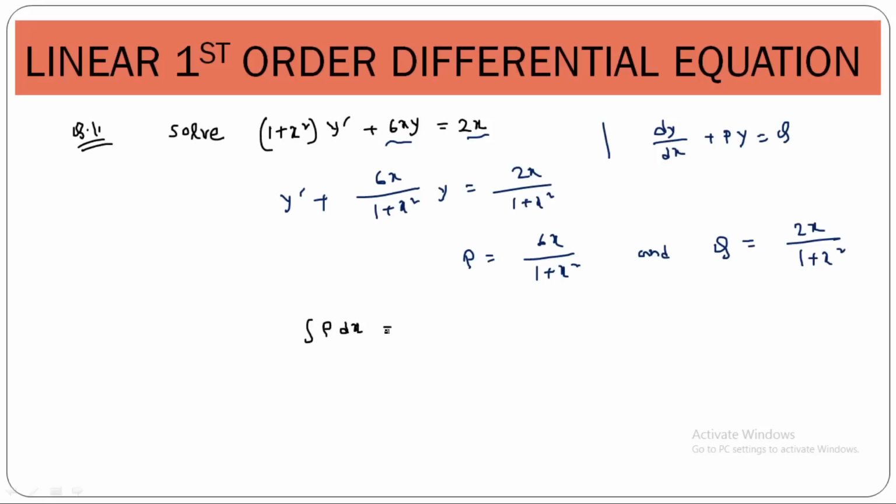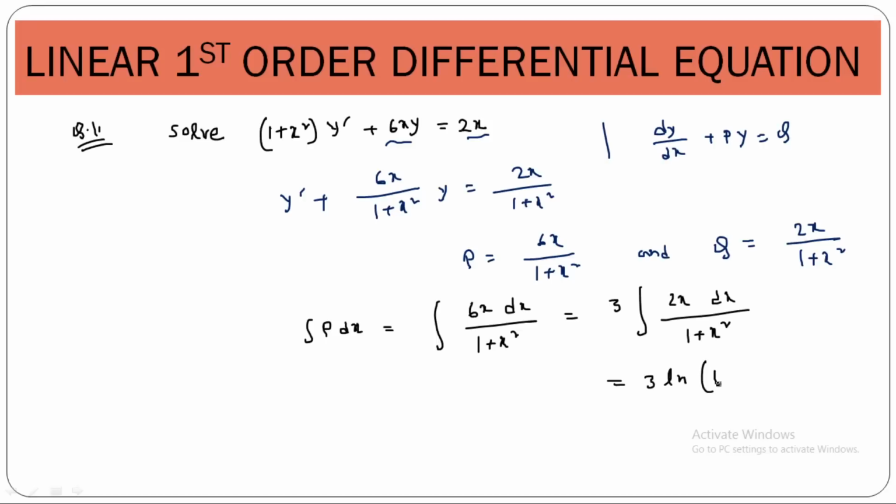Integration p dx is nothing but integration 6x dx upon 1 plus x square, and if you solve, you can take 3 into integration 2x dx upon 1 plus x square. Then you can see that 2x is the derivative of 1 plus x square, so there is ln 1 plus x square. So we have 3 ln 1 plus x square.